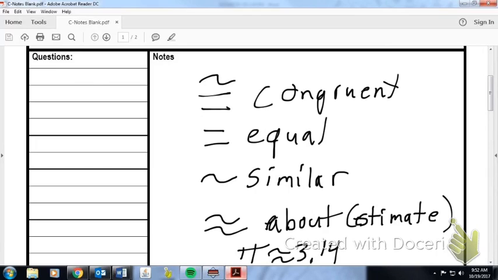That means they add up to 180 degrees. But if they are alternate exterior angles formed by the intersection of a transversal and two parallel lines, then they are congruent. So 3 of them are congruent, 1 is supplementary.